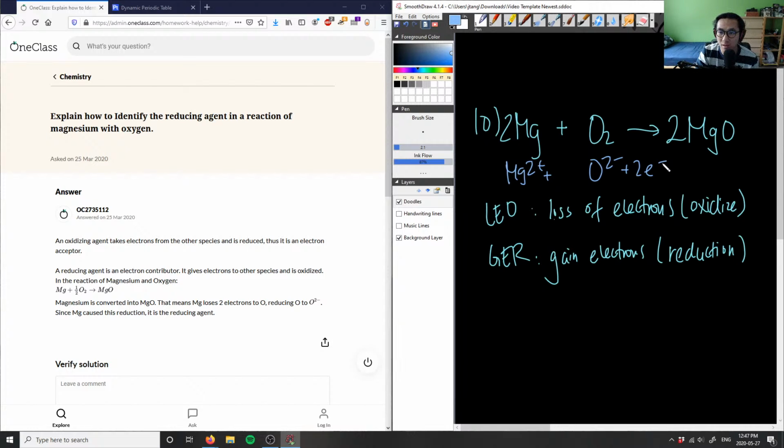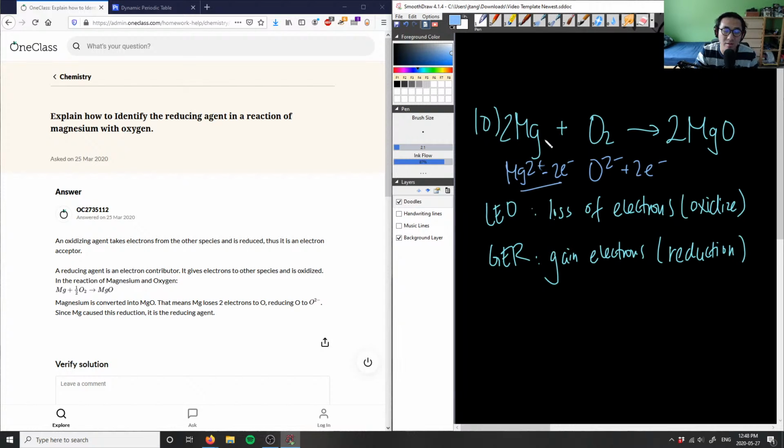So in this case, magnesium is converted to MgO here. Magnesium loses 2 electrons. Oxygen is going to gain 2 electrons here. Okay, so this is good. So the reducing agent here, this solution here is not correct actually, because the reducing agent here is oxygen, because oxygen is the one that's gaining electrons, because here I'm losing electrons.